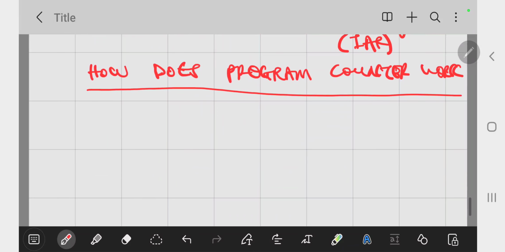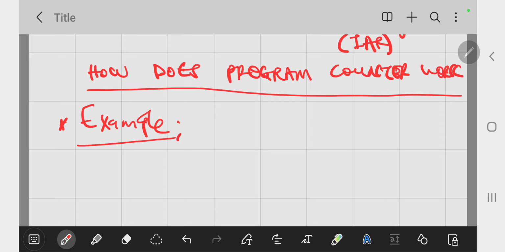But the program counter is much more difficult to understand, and it may be the last thing we're looking at in this particular video. The only way we can understand the program counter is by looking at an example. This is why we said we look at an example, and some of the things will become clearer.